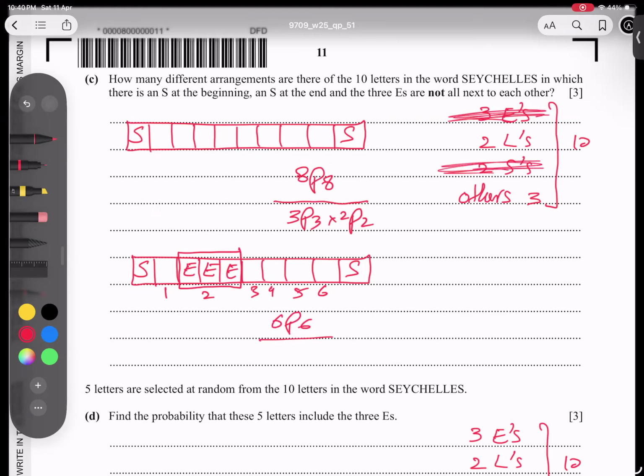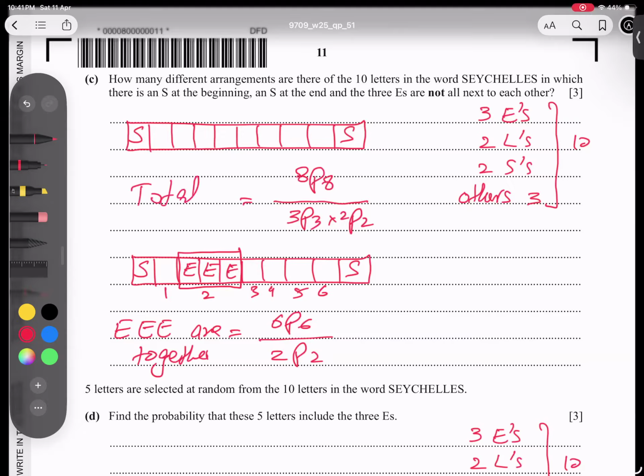S I can't count now, logically, because S are consumed. E's are busy here. Three are used there, two left only. So divide by 2P2. So that is why, when the E's are together, and here when they are not together, these are the total options we have.